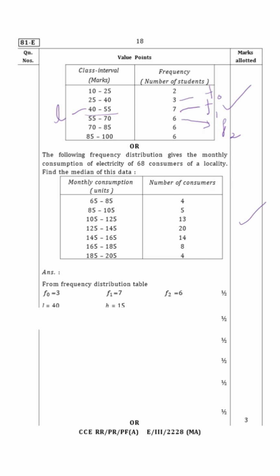Now the formula for mode is L plus F1 minus F0 upon 2 F1 minus F0 minus F2 into H. Substitute the values.